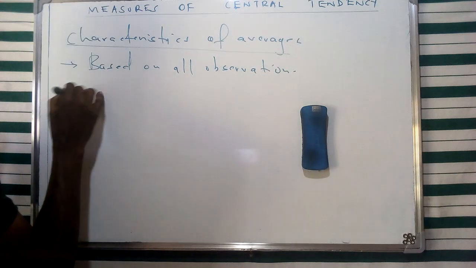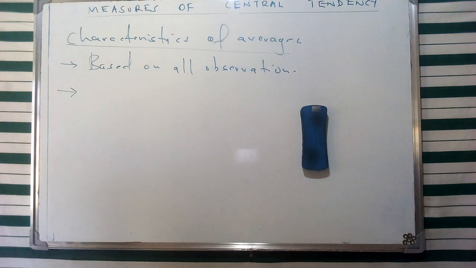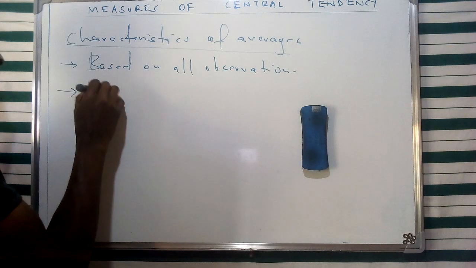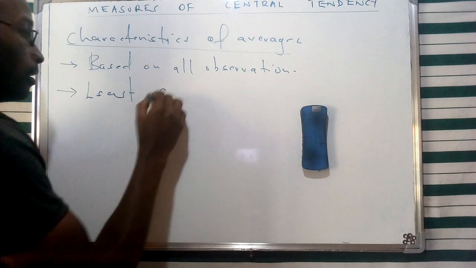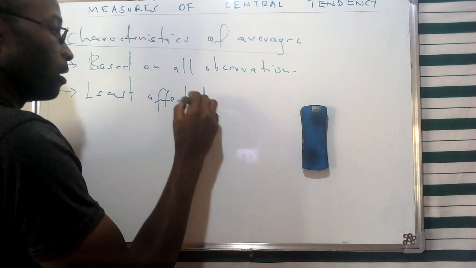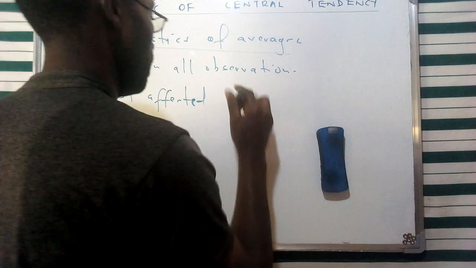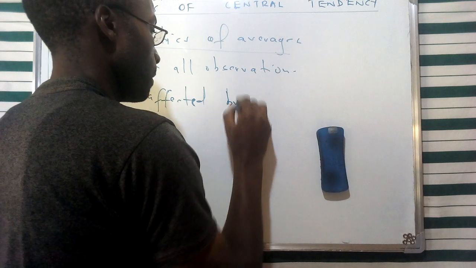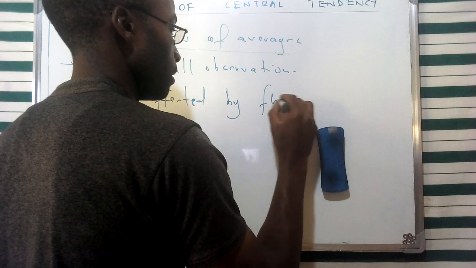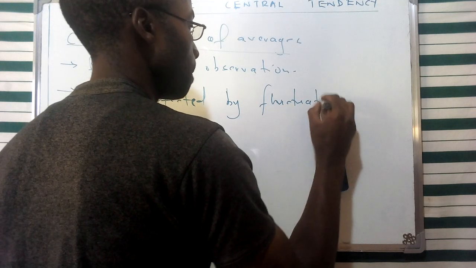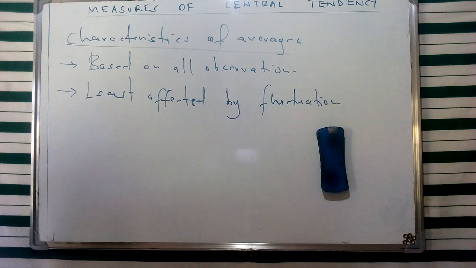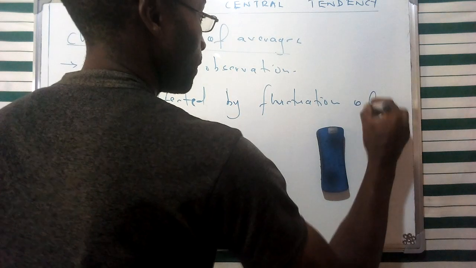And then we're going to see that these specific values should be least affected by extreme observations and fluctuations of sampling. So this second characteristic of this specific average is whereby they should be least affected by fluctuations of sampling.